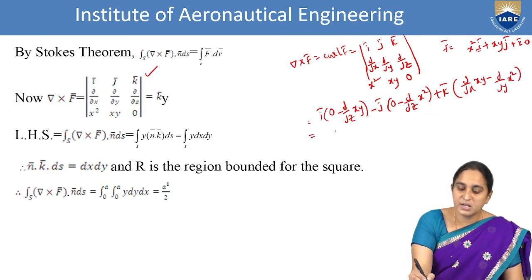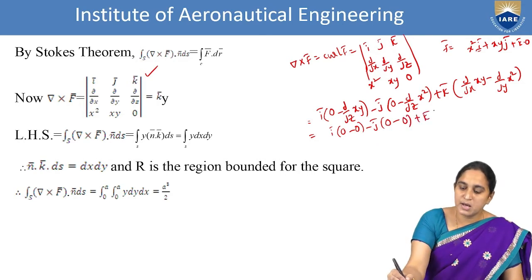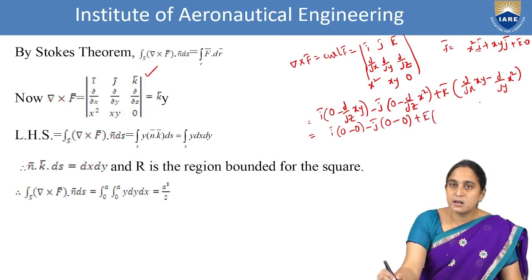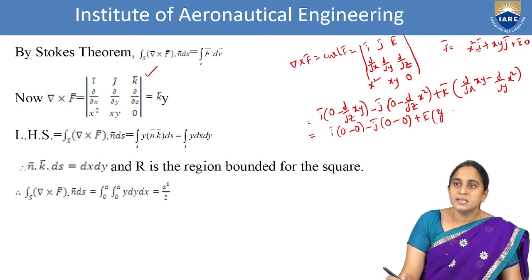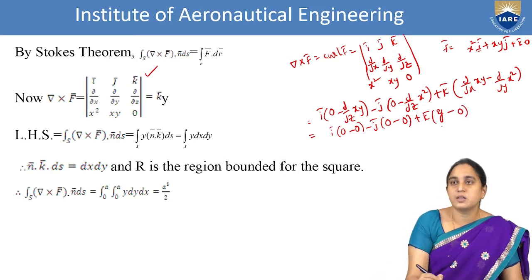From that, the i bar part is 0 minus 0, which is 0. The j bar part, dou by dou z of x square, is also 0. Plus k bar into dou by dou x of xy, that is y, minus dou by dou y of x square, which is 0.